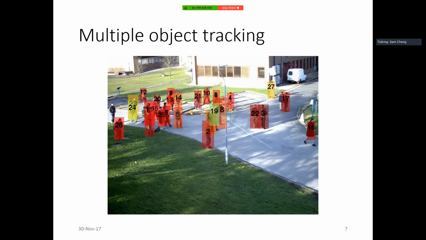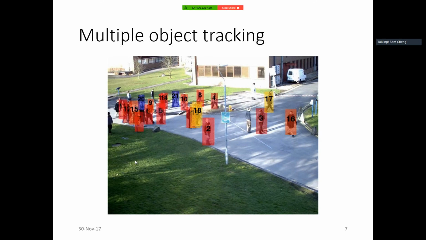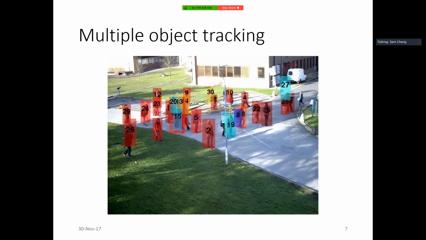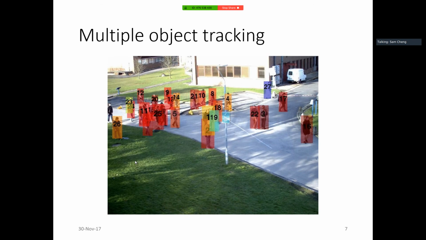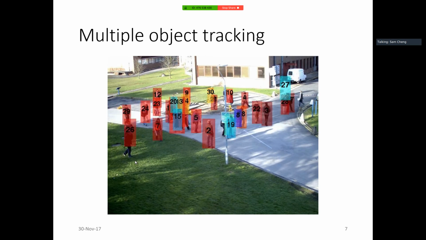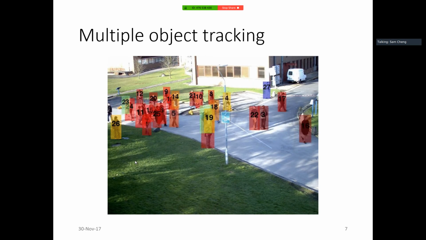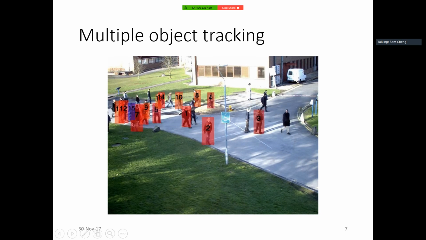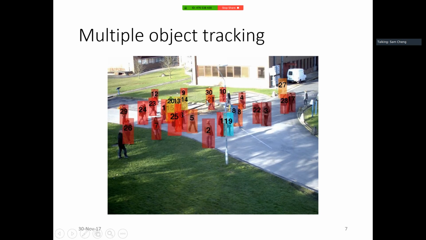So this is another example. This is a multi-object tracking problem, which is actually much more difficult. The difficulty is that you see this one is not perfect at all.